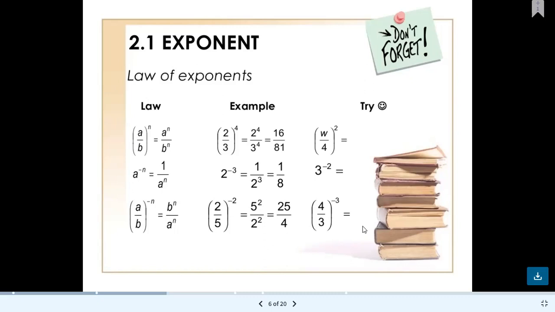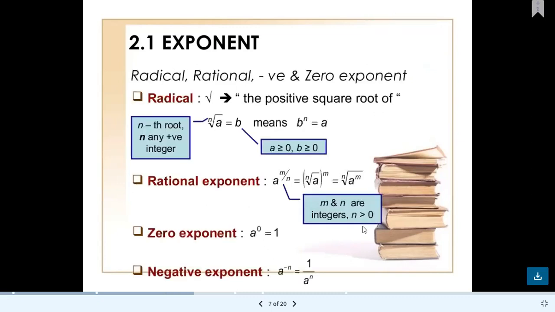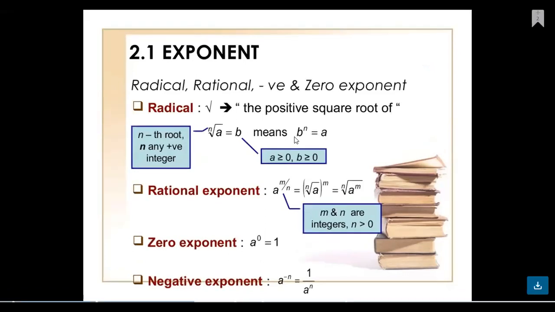Okay, so gets naman natin. Nagagaling niyo pala sa math eh. Okay, so next, zero exponent. Kapag zero exponent, for example, 2^0, lahat ng base nagiging 1.